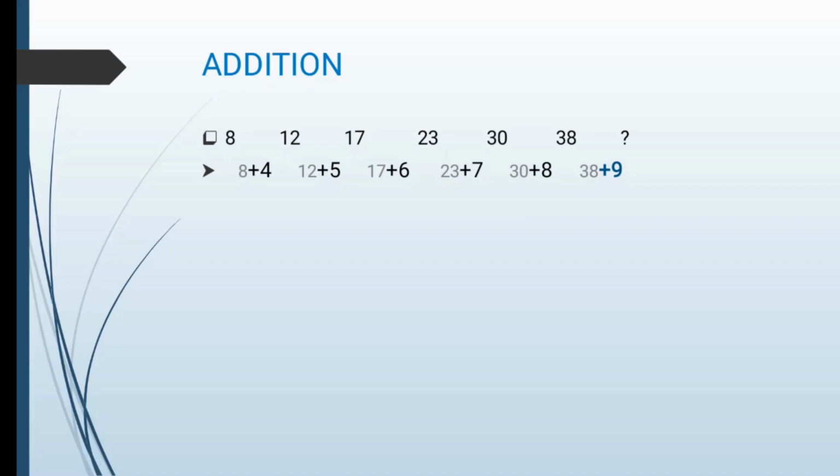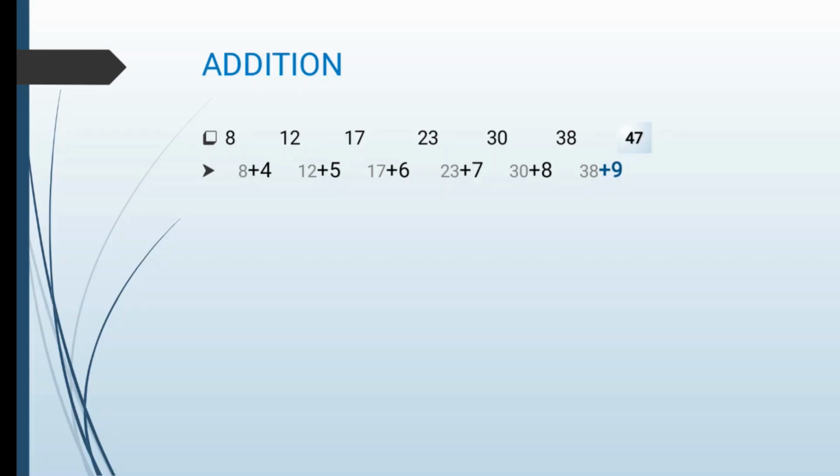Now in this series 8 plus 4 is 12, 12 plus 5 is 17, 17 plus 6 is 23 and so on. So last term you can identify as 38 plus 9 which is 47. Likewise, in this case, you can find out what the last or the end term is.